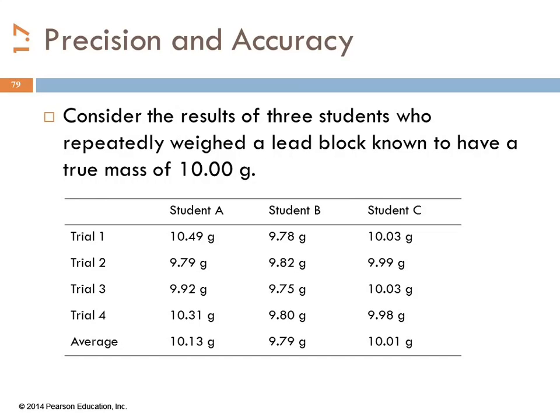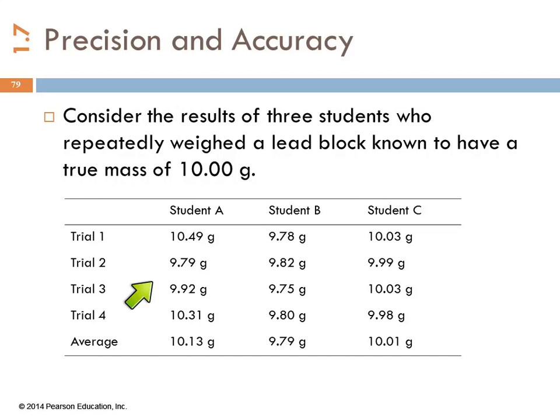Here is an example of 3 students repeatedly weighing a lead block, and the accepted or true mass of this is 10.00 grams. So they're each doing 4 trials. We often do multiple trials because there's error in any measurement, and some of it is random. And random error can be gotten rid of by doing multiple trials because it averages out.